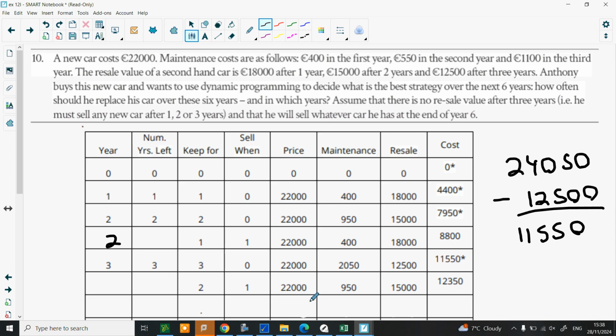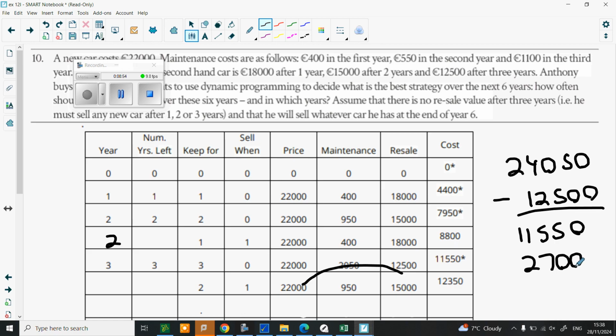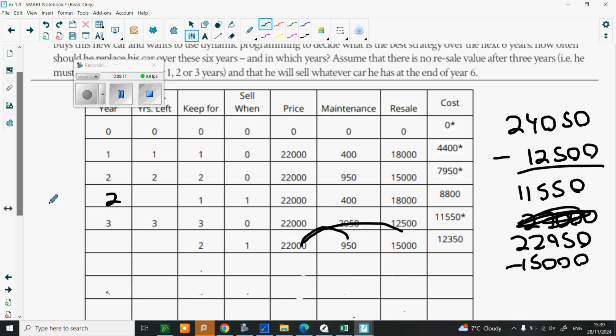Now, so what do we do here? 22,000 plus 950, I'm wrong, it's 22,950, isn't it? It's the two of them added together. Take away 15 grand. What happens when you take away 15 grand?